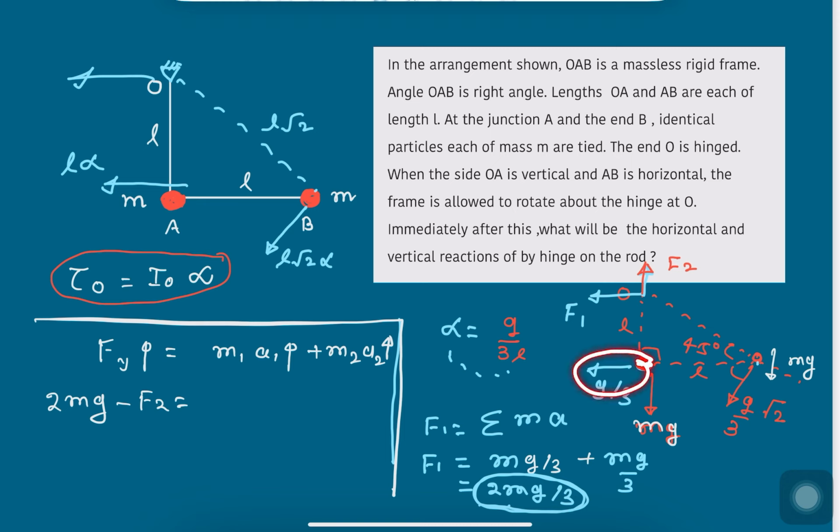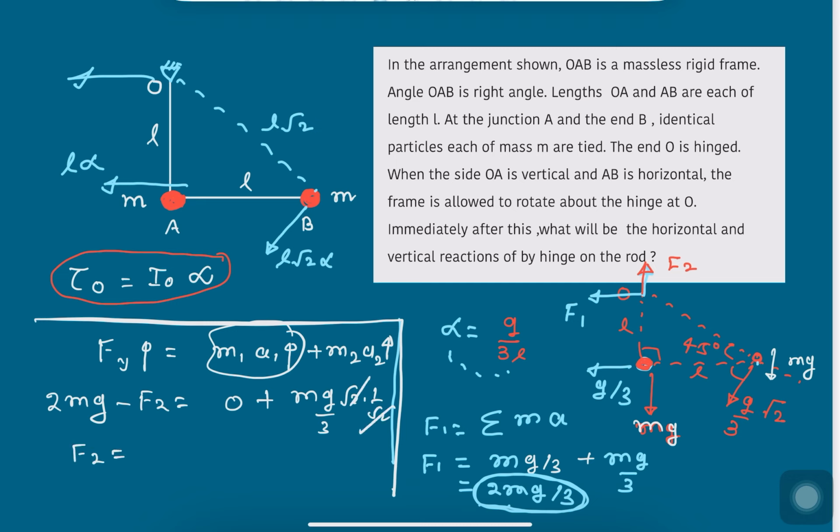It has horizontal acceleration only, so no downward acceleration. So for the first particle we will have 0 here. For the second particle we have mass m, and the vertical acceleration will be g by 3 root 2 into sine 45, right? So it will be g by 3 root 2 into 1 by root 2, so there will be mg by 3.